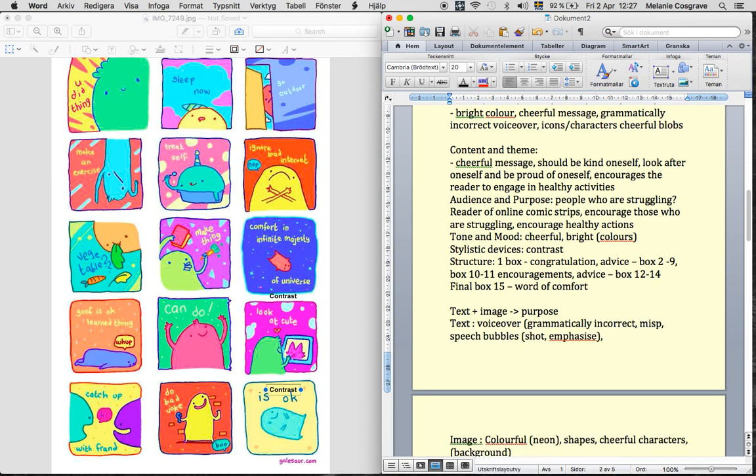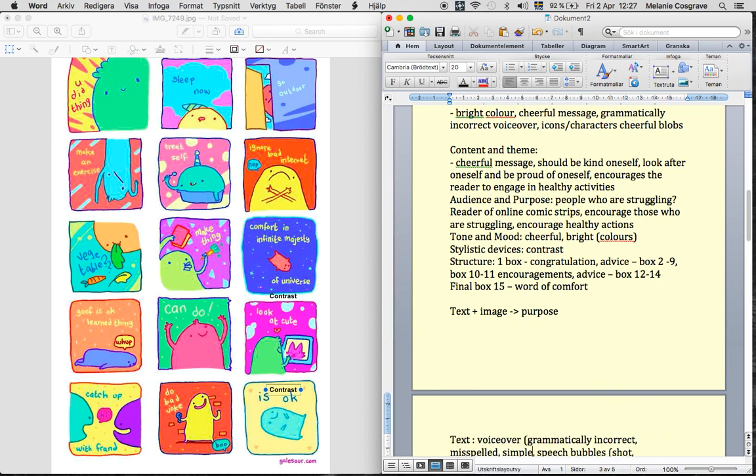It is misspelled. And it is also very simple language. And this would make it informal and therefore less, what would be the word that I'm looking for? It would be less daunting to the reader who is perhaps going through something bad.